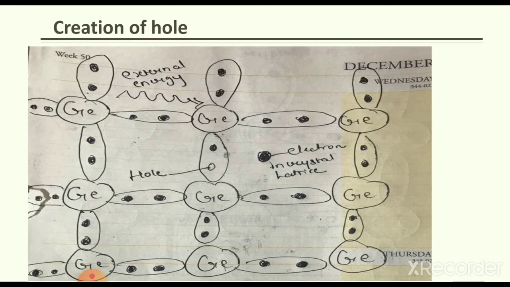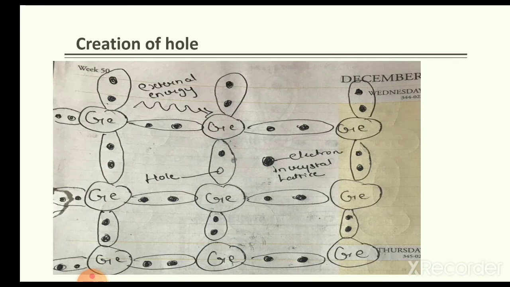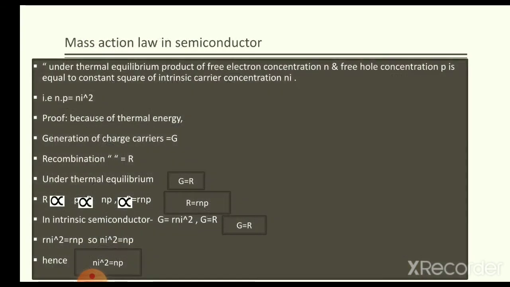Now you can see when we apply external energy, electron gets free and creates a hole, and the electron in another atom also gets free and creates another hole. This process gets repeated.